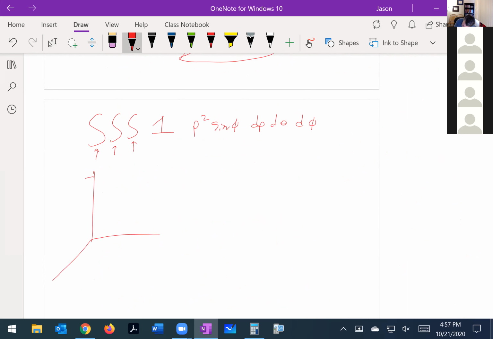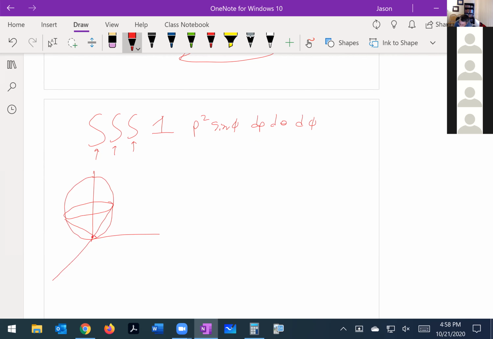Okay, we have the sphere, and then we have a cone inside the sphere. Let's first talk about phi. Let's not even talk about rho yet. Let's just talk about phi first.